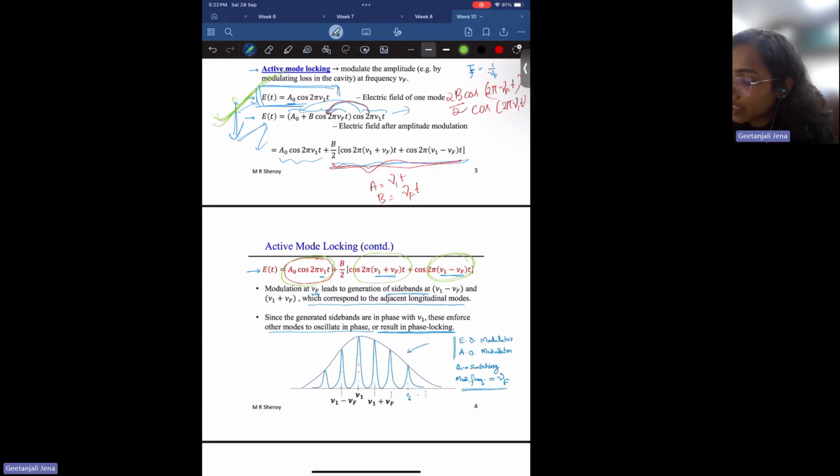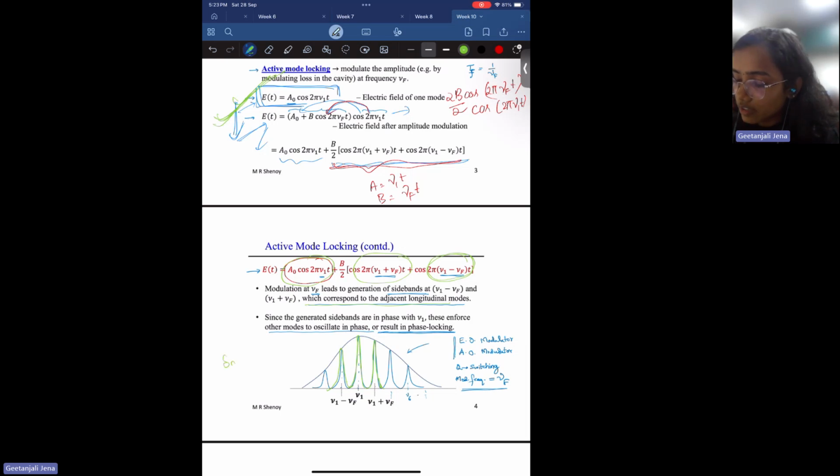So that means in addition to the initial longitudinal modes, we have side bands. One is nu 1 plus nu f, and another one is nu 1 minus nu f. And these modes oscillate in phase.